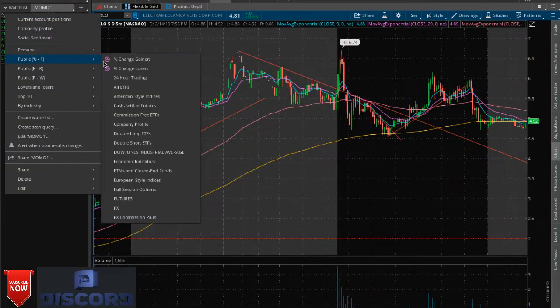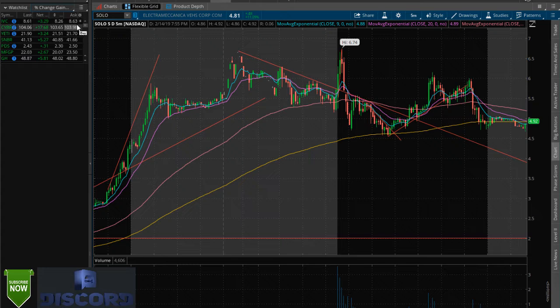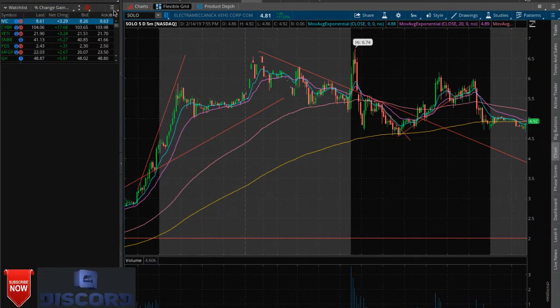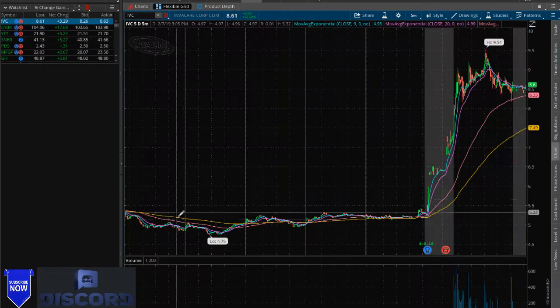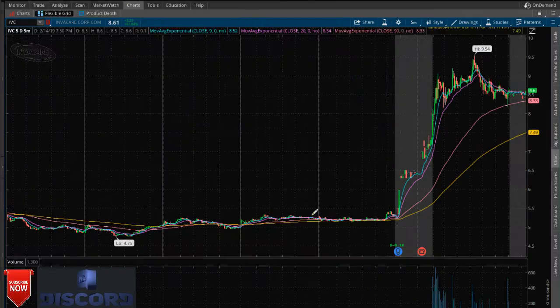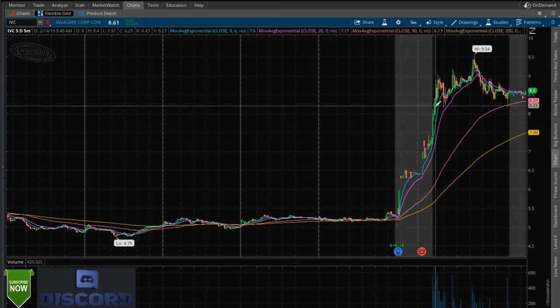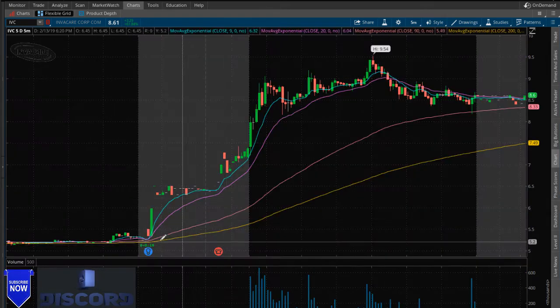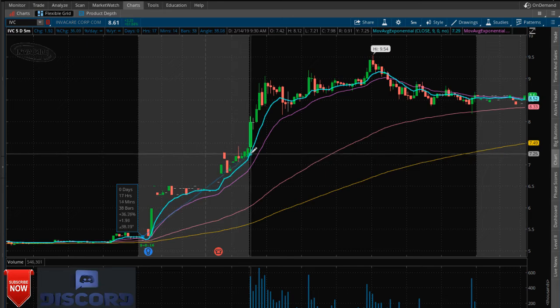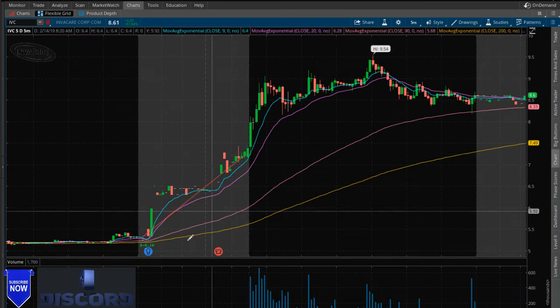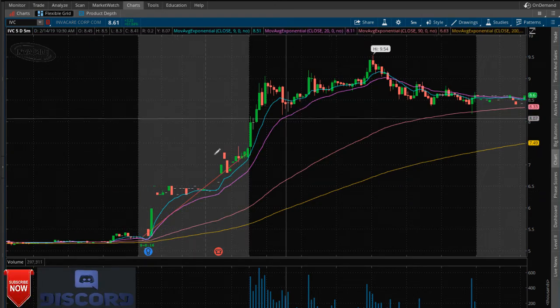So let's just go to the top percentage gainers here. I believe we got to right here, red. So IVC, perfect example, guys. This stock was gapping up roughly 36% and was explosive.